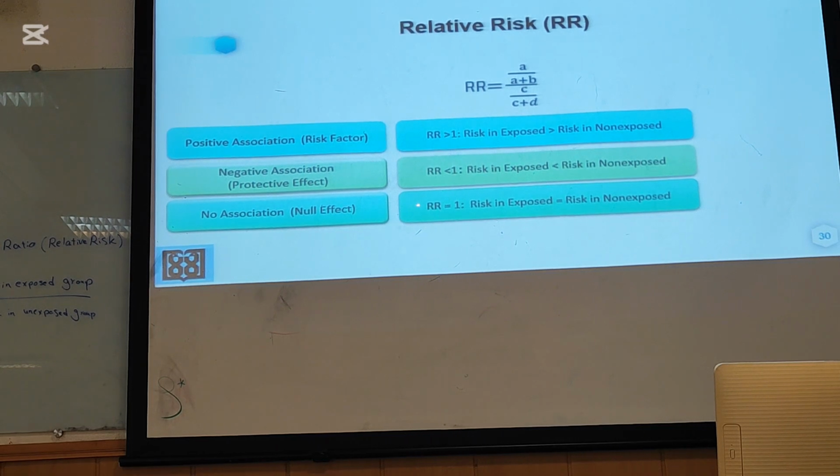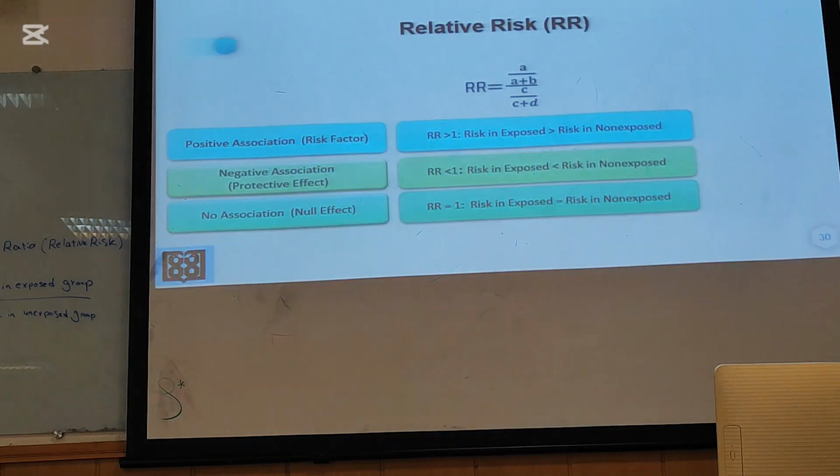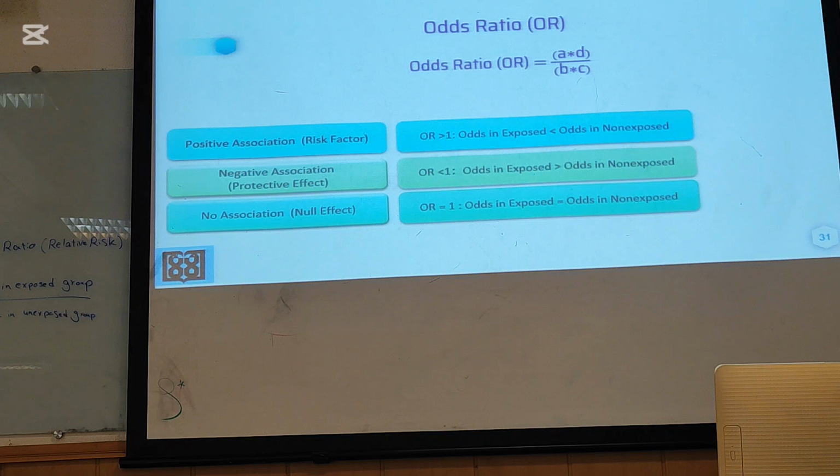And when relative risk is equal to 1, it means no association. And odds ratio has the same meaning. When odds ratio is greater than 1, it means there is a positive association or risk factor. When odds ratio is less than 1, it means you have a protective factor or protective exposure. And when OR is equal to 1, it means no association.